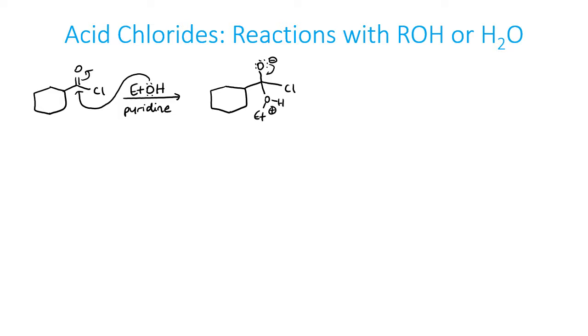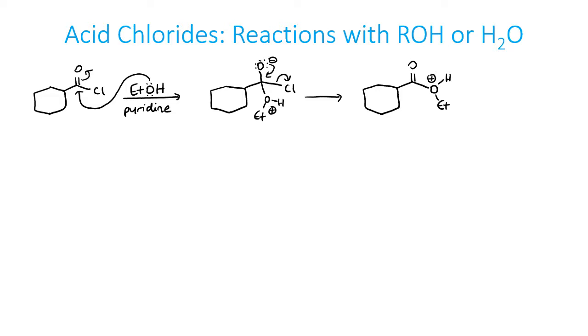So the electrons will come down, form our double bond, and kick off our chlorine, which is a good leaving group. Now we still have a positive charge on our oxygen that needs to be restored to neutral.